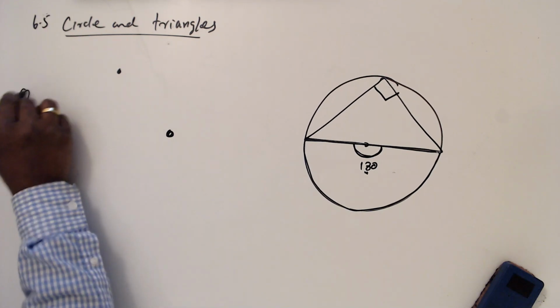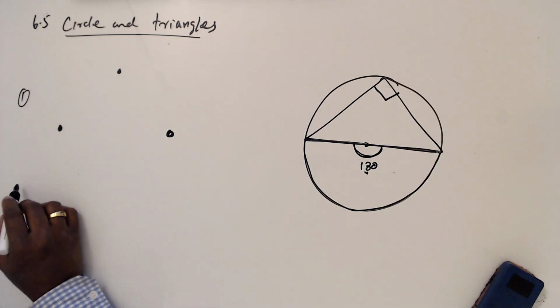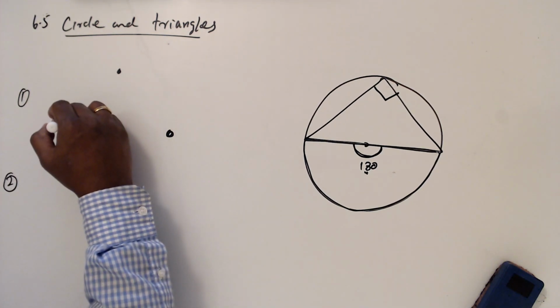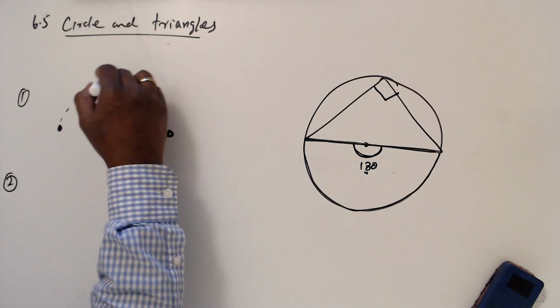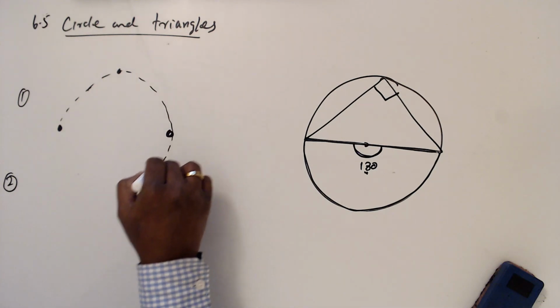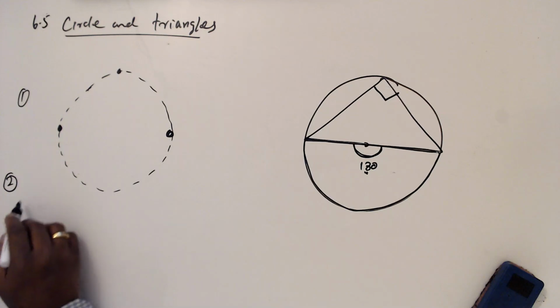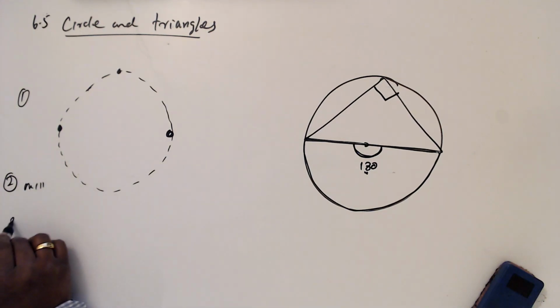This is the first thing. Second thing, these 3 points are on a circle.